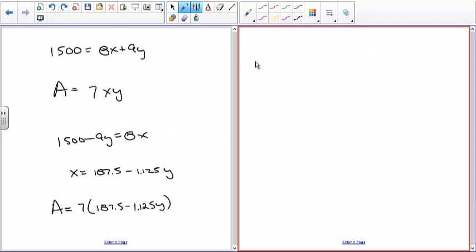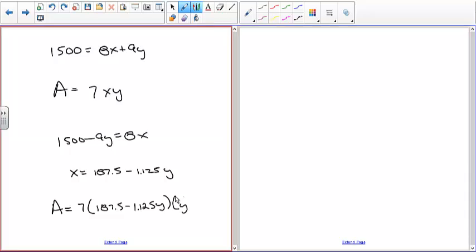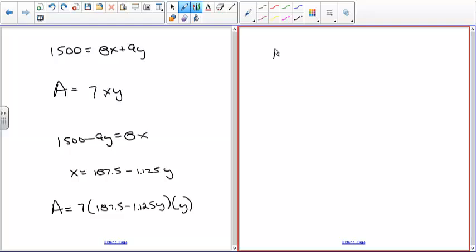And then you've got to multiply this by y. So this is x times y. If we multiply this whole thing out, you'll get 7 times 187.5, which is 1,313, times y.